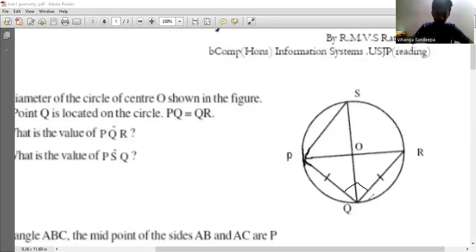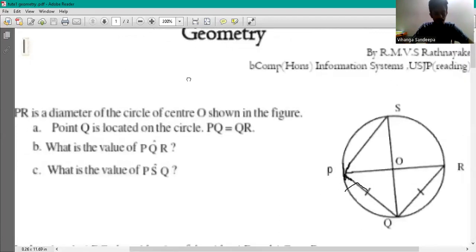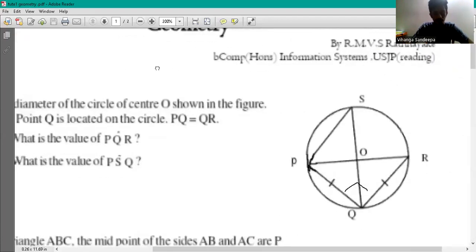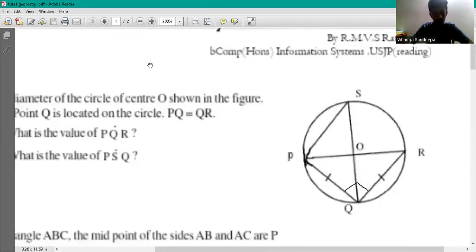Angle PQR equals 90. Theorem is angles in a semicircle is a right angle. Then, do you need to have any clarification? Please tell me. What is the value of the angle PSQ?